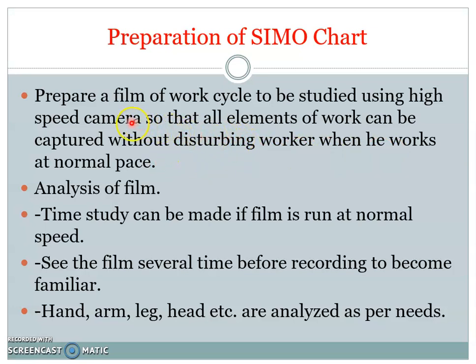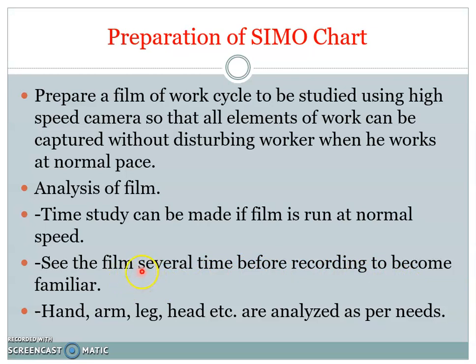Once the film is prepared with the high definition camera, we can analyze it. So the next step is to analyze the film. While doing the analysis, we can write what time it has taken at normal speed. Then we have to see the film several times before recording, to become familiar.